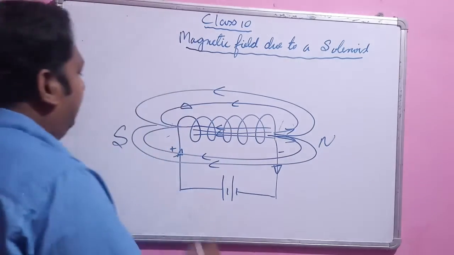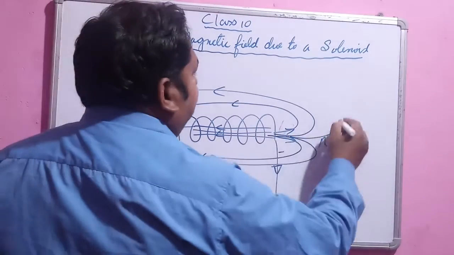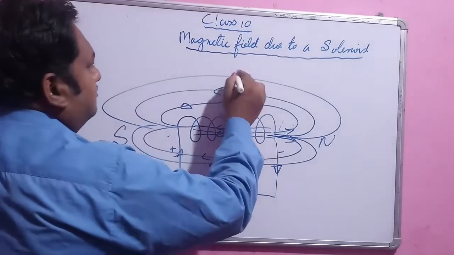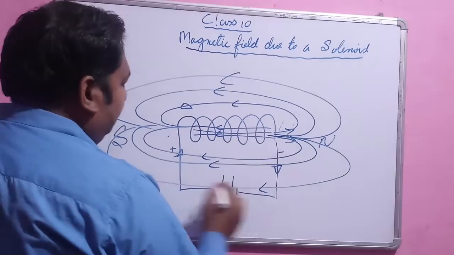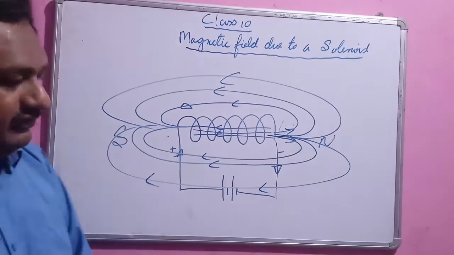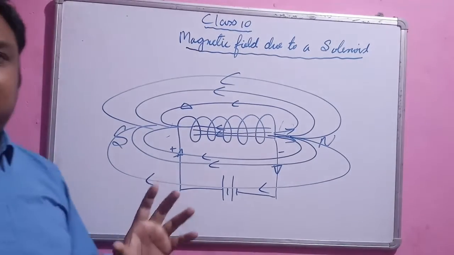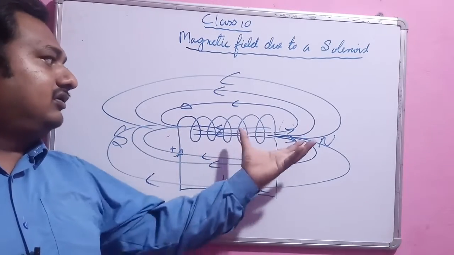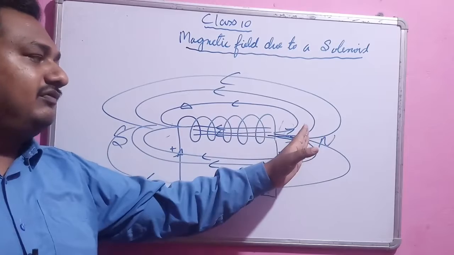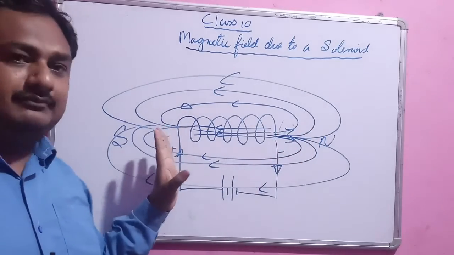Here we came to know that whenever current flows through a solenoid, it behaves as a bar magnet. It develops a polarity on its faces: one face becomes a north pole and the other face behaves as a south pole.